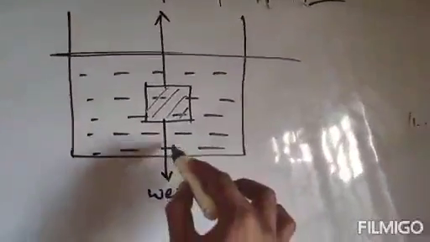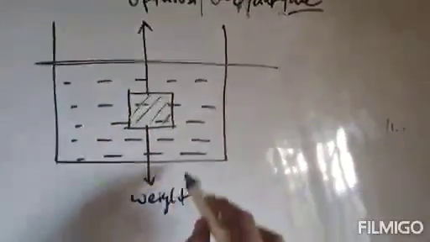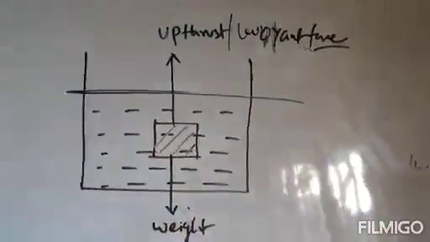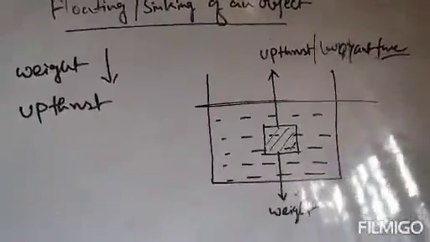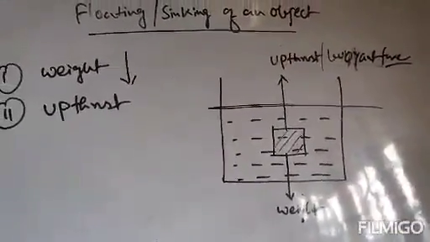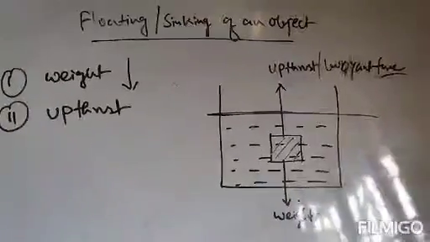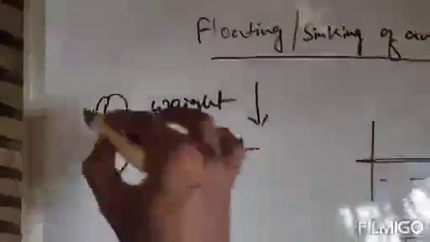See, this object is immersed in this liquid and the weight is acting in the downward direction. That is, it tends to pull down the object in the liquid. That is force number 1.